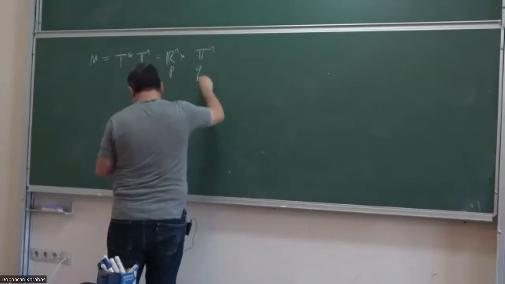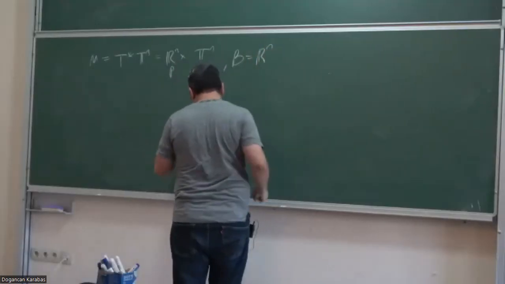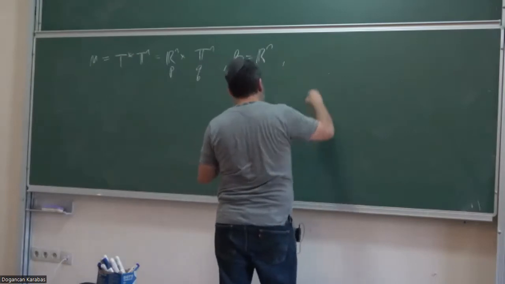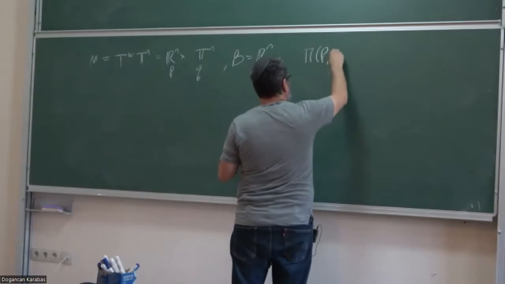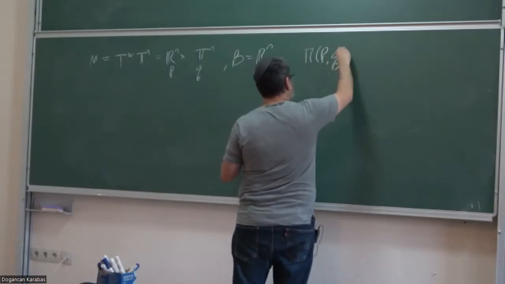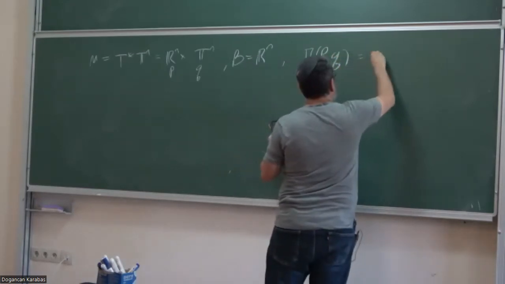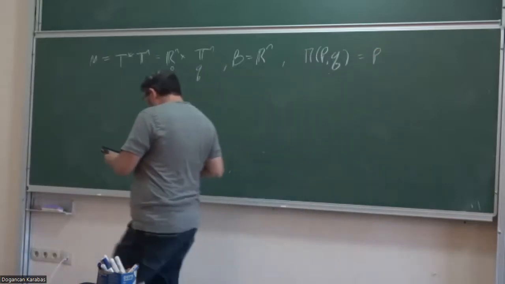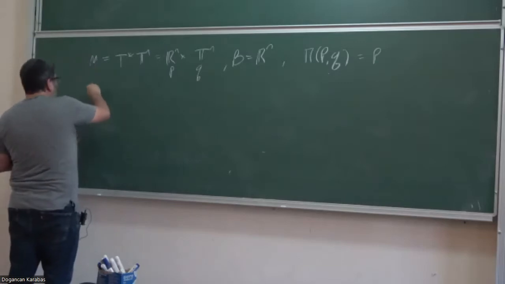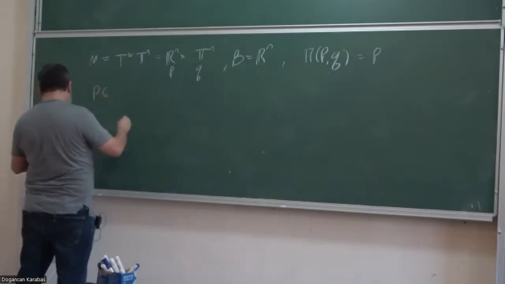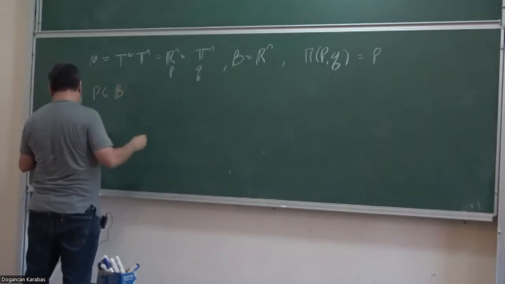Here we have the P coordinate in R^n, and we have some projection. This is our M, and then let's say we have some convex polytope inside R^n.